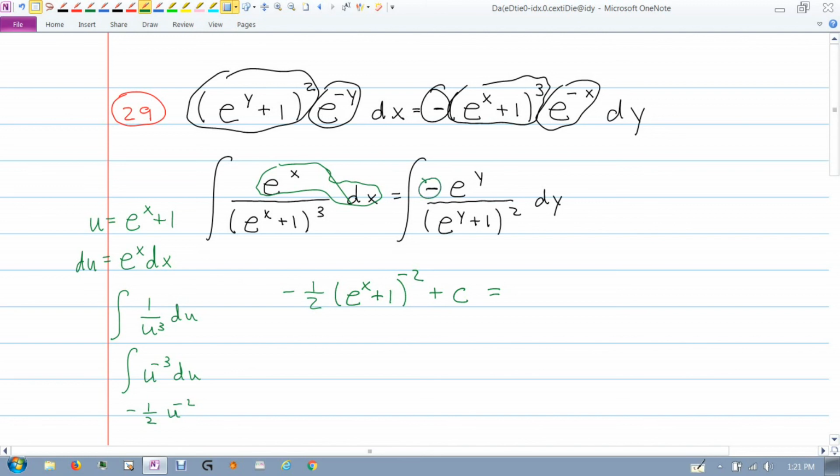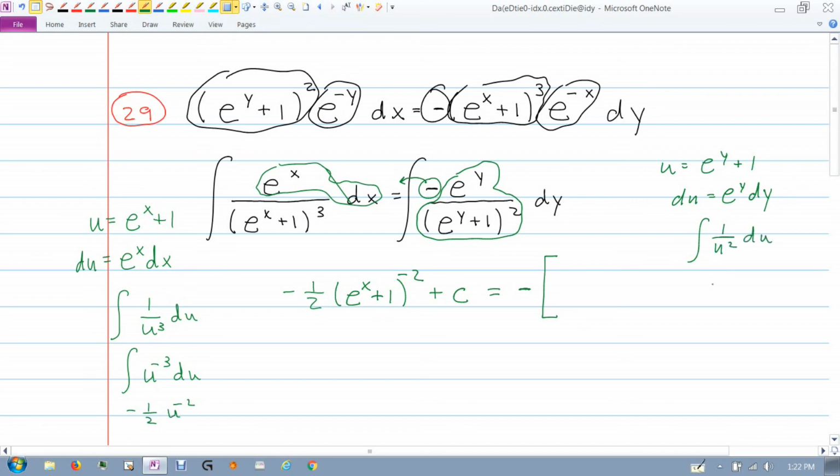sign outside. I'm just going to put it here for now. And then the antiderivative of this one, you could do a basic u substitution just like we did on the other one. Basically u is e to the y plus 1, du is e to the y dy. And then when you rewrite that integral without the negative I already pulled out, it's going to be 1 over u squared du.